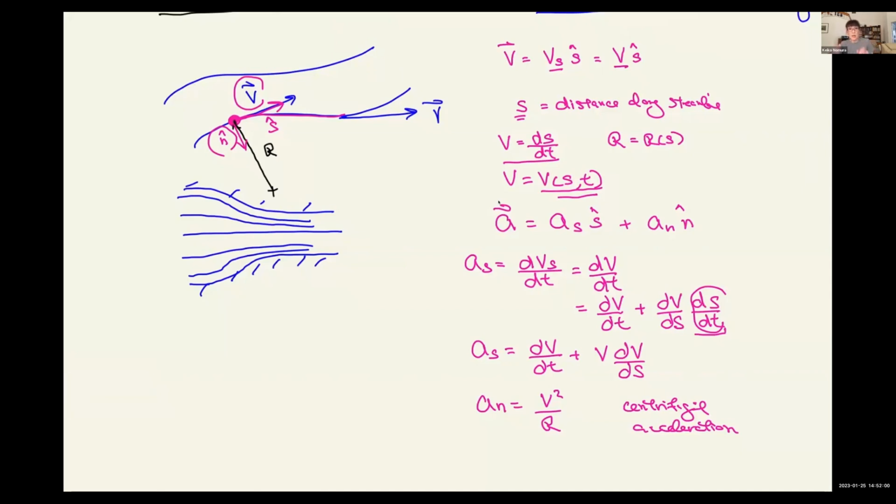And then we'll get our equations of motion in the S and N direction. That's the first objective.